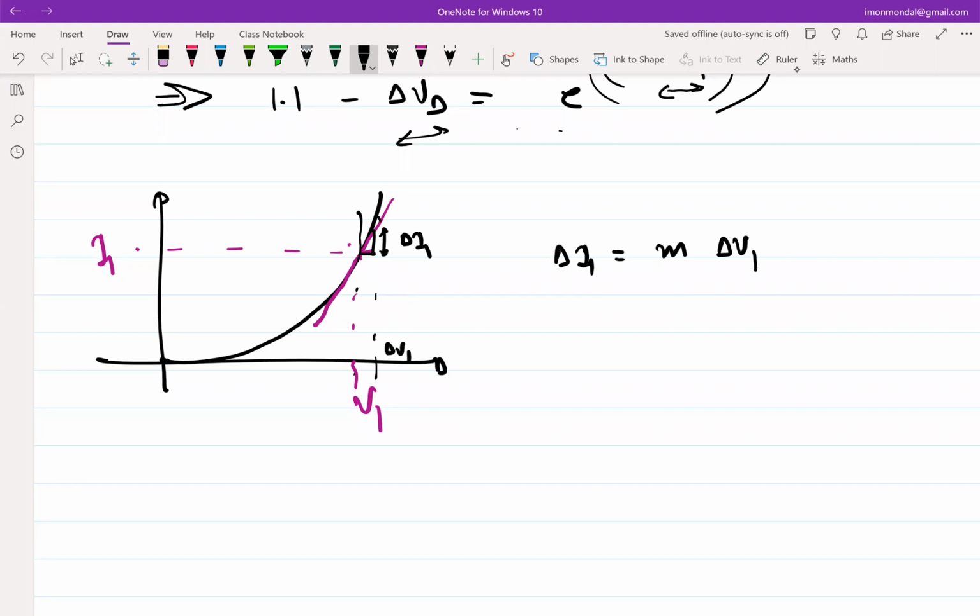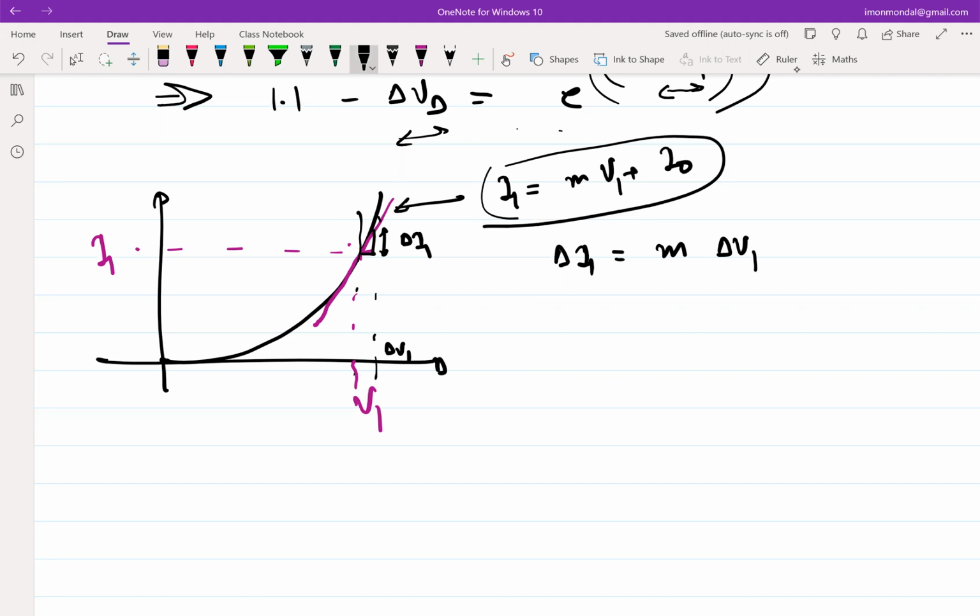So the equation of this straight line will be some y equal to mx plus c, or in terms of absolute I1 V1, this will be some I1 equal to some m V1 plus some c, or some V0, some I0. This is not a linear form, but I am not particularly bothered with the entire straight line.